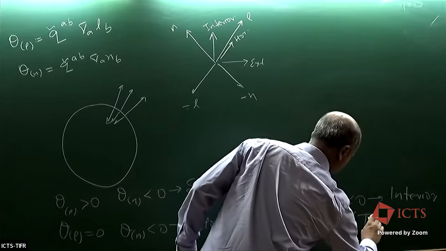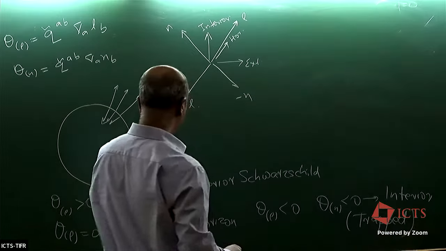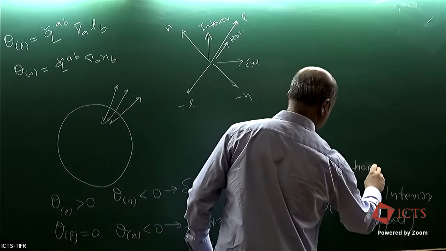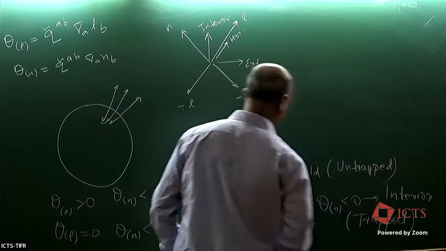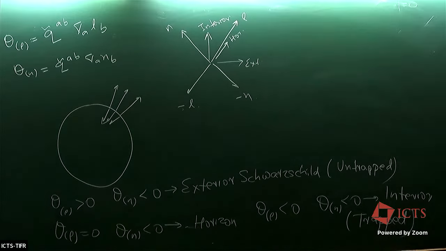Let's call it trapped. This is untrapped. And this is the marginally trapped surface. So marginally means one of the expansions is vanishing. Okay. So this is, let's call it marginally trapped.